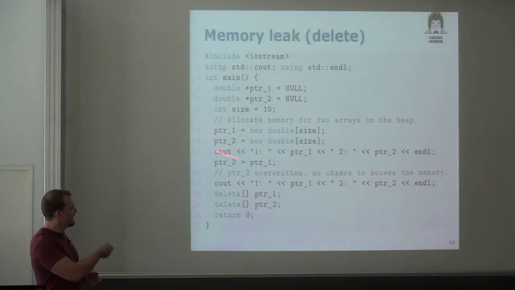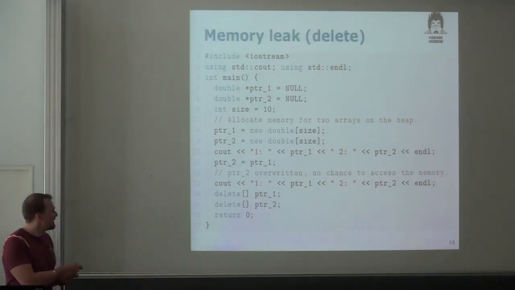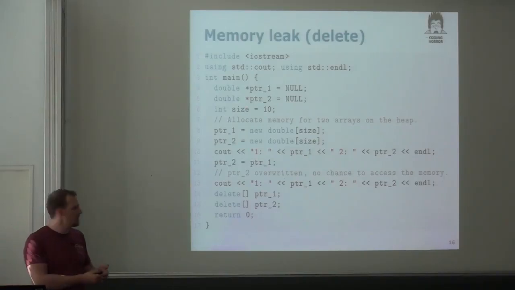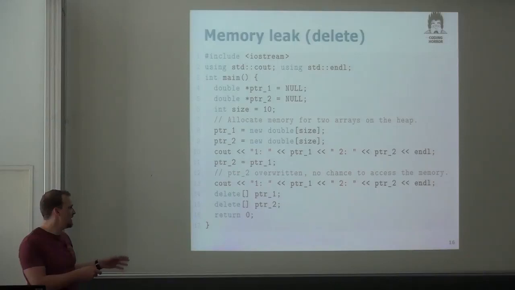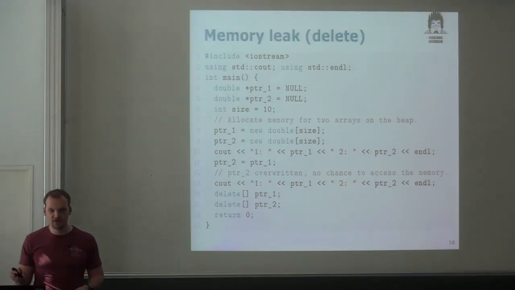So what we do is we create two pointers. They just point to two arrays in the heap memory, and then we set pointer 2 to pointer 1. So now they point to the same memory, and if we print them out, they will point to the same memory. And then if we even do this, it will be a completely different error.